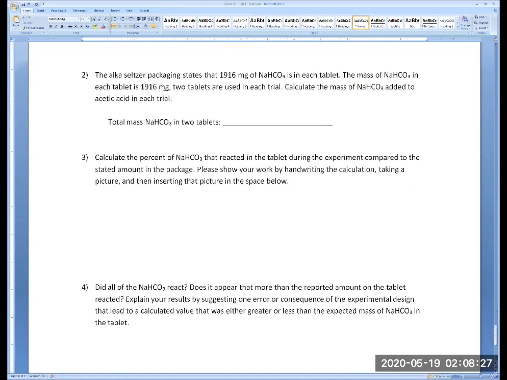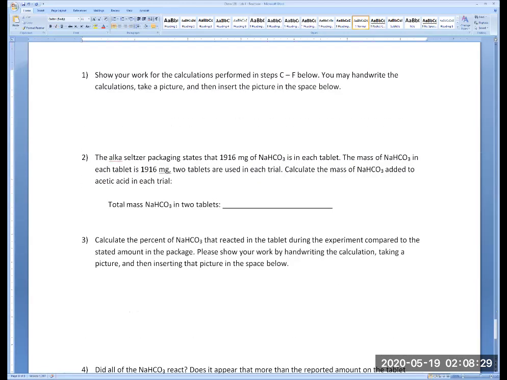Okay, so there are 4 questions. That's the first question, showing the work. Here, the Alka-Seltzer packaging states that it's 1,916 milligrams of NaHCO3 in each tablet. In this experiment, we will use 2 tablets. So basically, you just multiply this by 2.